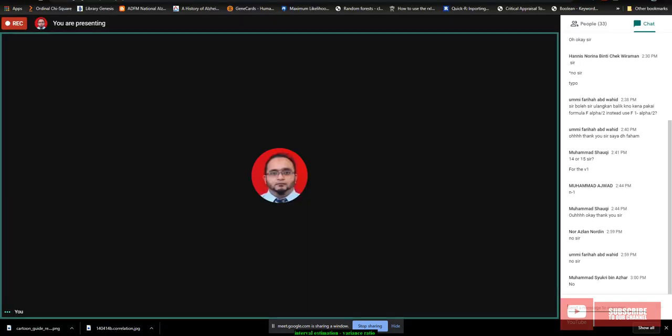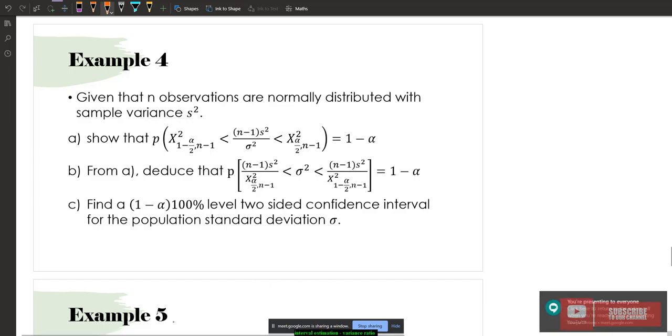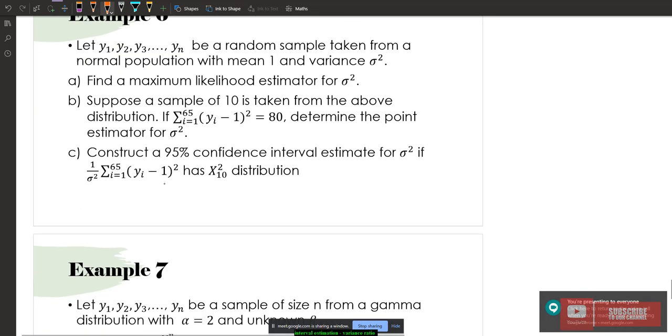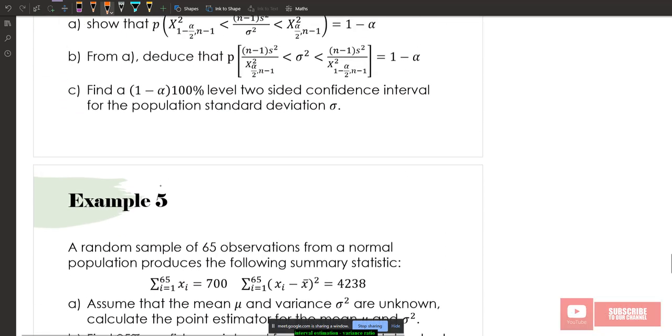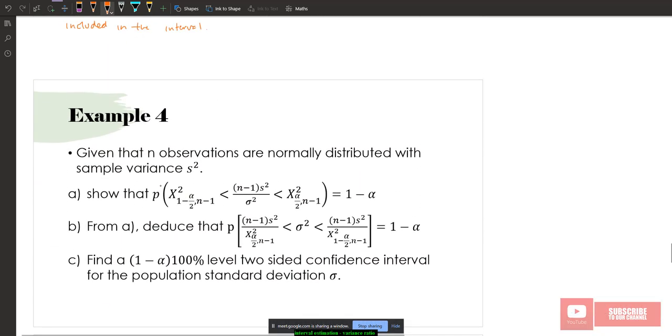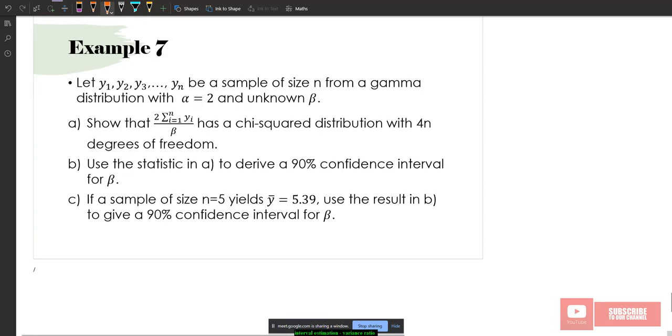So for examples 4, 5, 6, 7, we continue next week. I will save it for next week. So next week we will do some revision on Monday, and on Tuesday we will start a new topic, chapter 3, sorry, which is hypothesis testing.